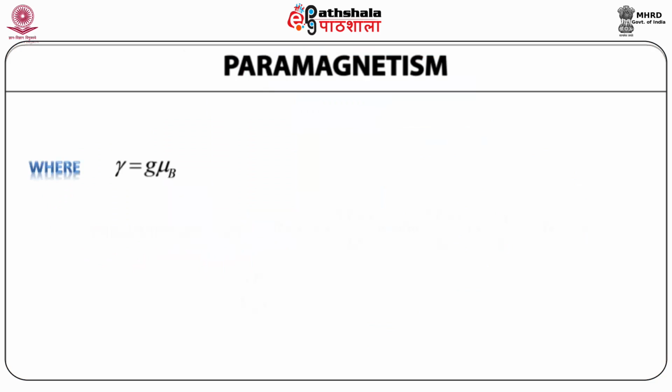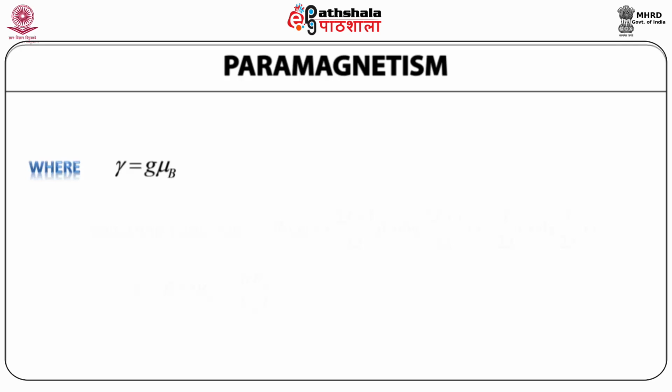It is a Brillouin function, and this entire expression for magnetization is called the Curie-Brillouin law, where this parameter gamma is equal to g into mu B.